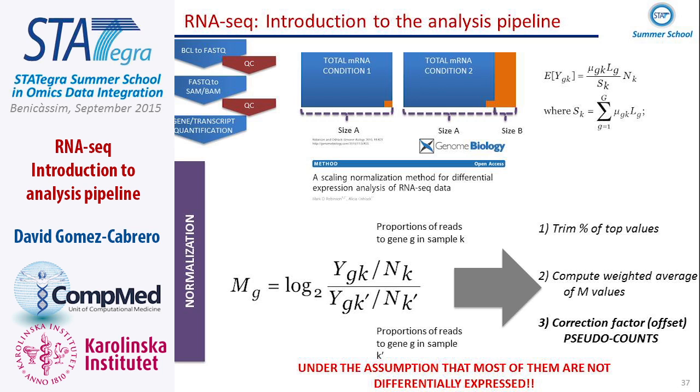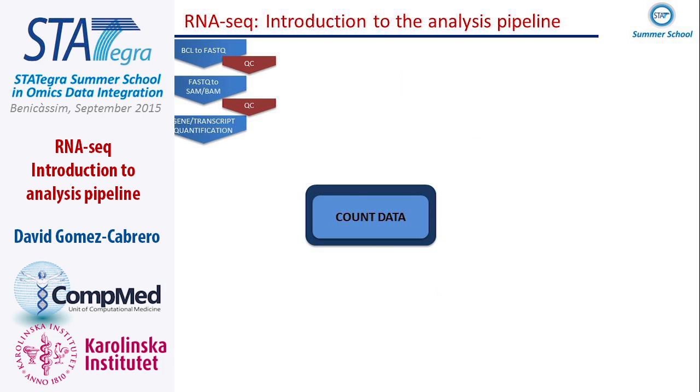So let's take one step back again. Let's say we have the count data, and I was telling you that we can use the logarithm of the counts just to kind of stabilize. It's not working that well. Sometimes it's used for visualization.